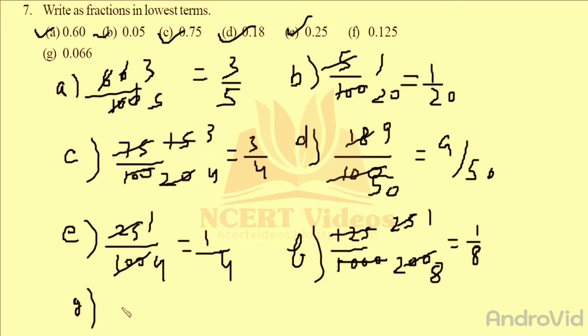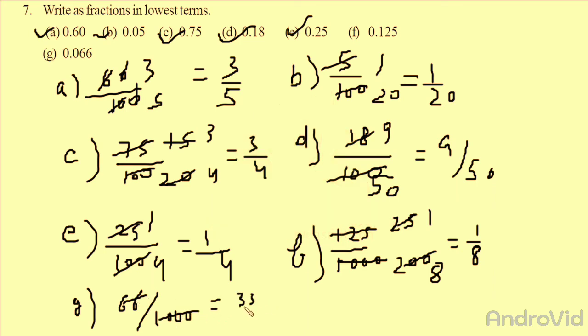That's question number 7. G part, 66 over 1000. So it goes with 2, 33 over 500.